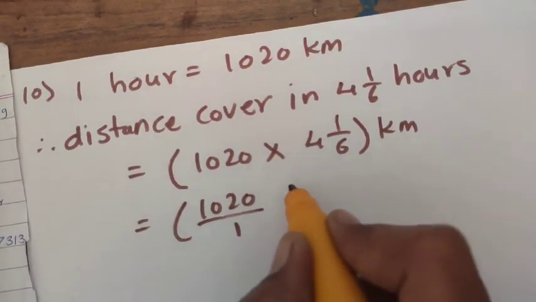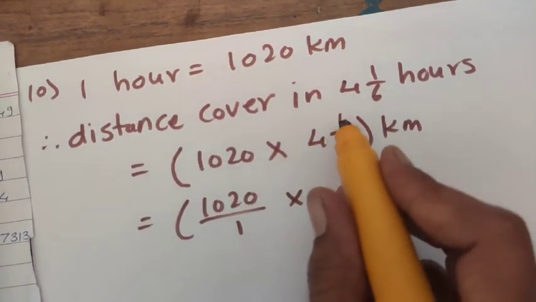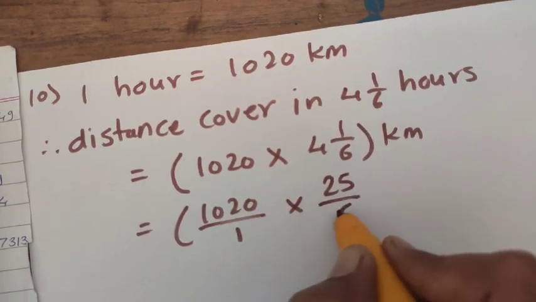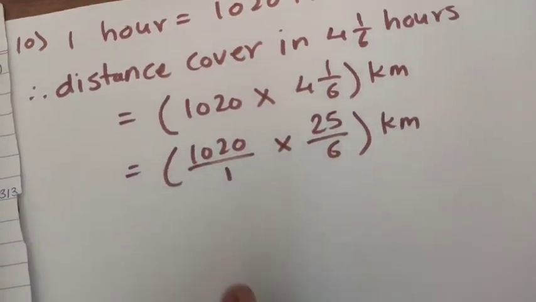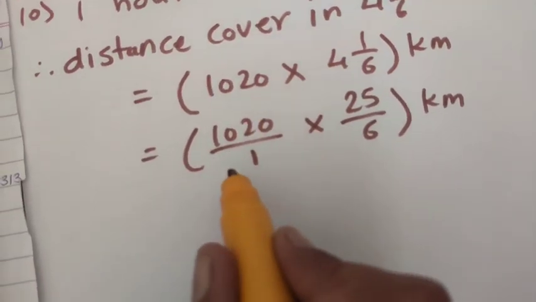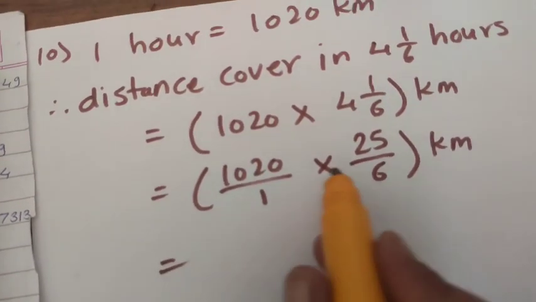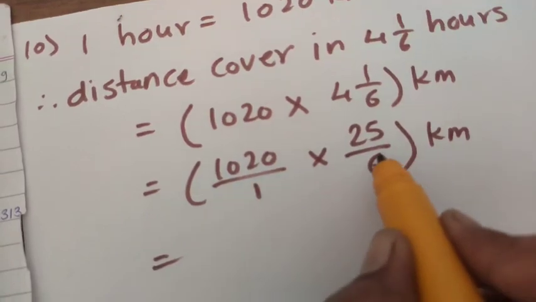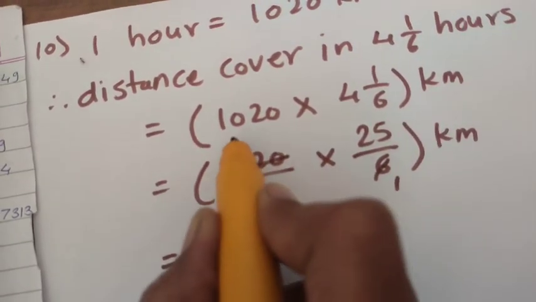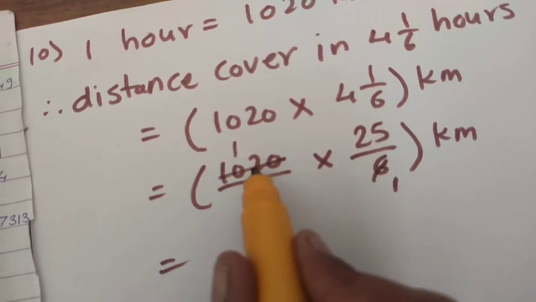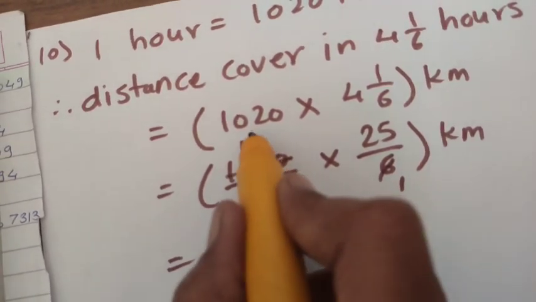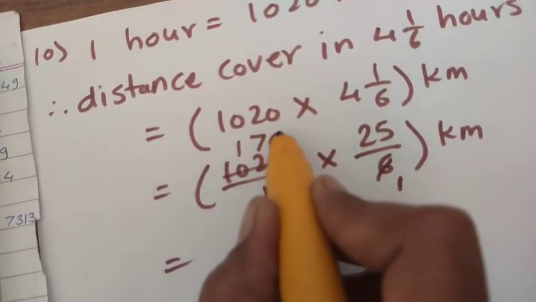1020 upon 1, 6 4s are 24 plus 1, 25 upon 6 kilometers. Directly I am dividing this number by 6. 6 ones are 6, 6 ones are 6. 10 minus 6 is 4. This 2, 42. 6 sevens are 42 and 6 zeros are 0.